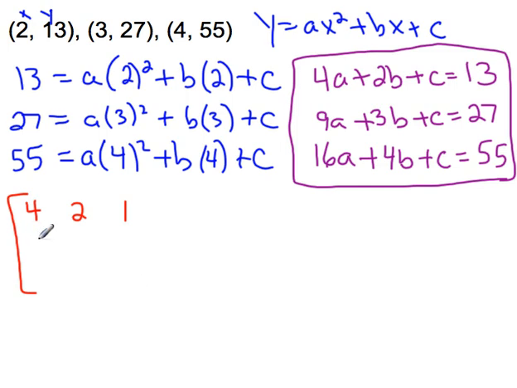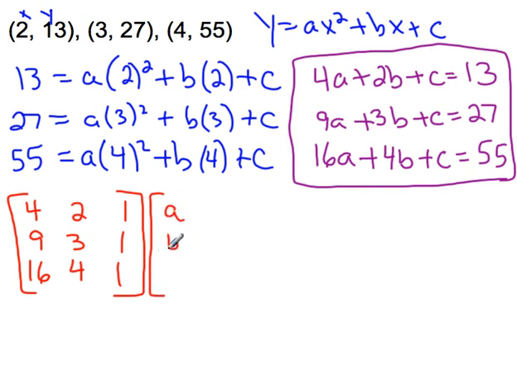Then we scoot down to the next equation, which is 9, 3, 1. And then this last equation is 16, 4, 1. Now you're going to write the variables in a vertical matrix. The variables were A, B, C. And then we go equals the constants, which are going to be 13, 27, 55.